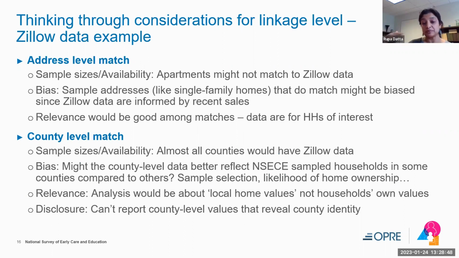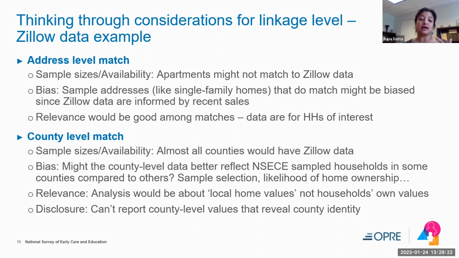So now let's go through some of these issues of sample sizes, data quality, relevance, and try this out. In terms of sample sizes and data availability, the Zillow data tend to be great for single family homes, or even for any property that goes through a market transaction. So a condo in a multi-unit building might have available data, but a rental unit might not.